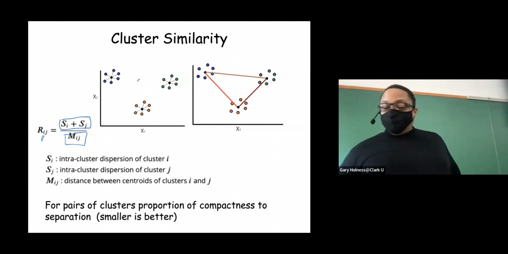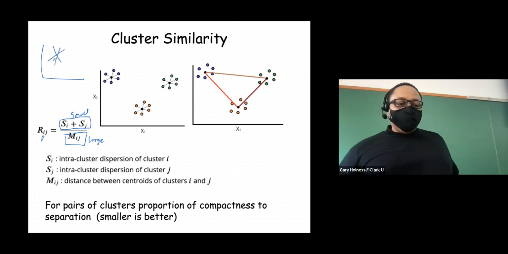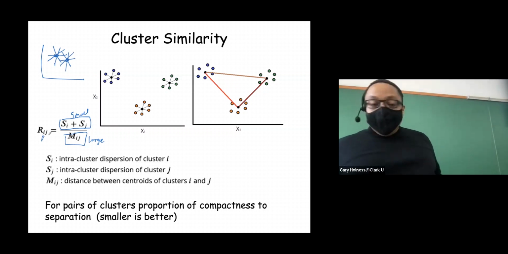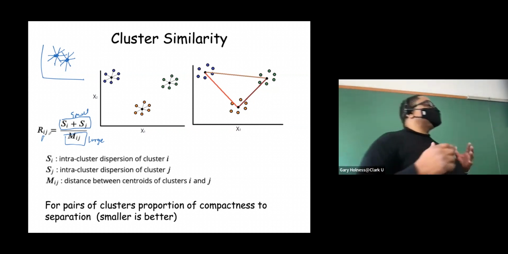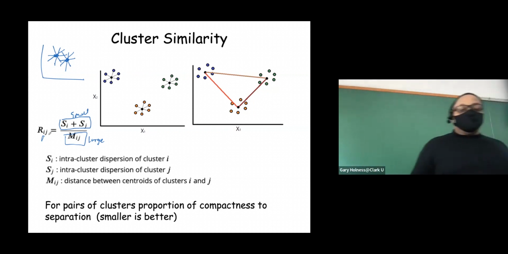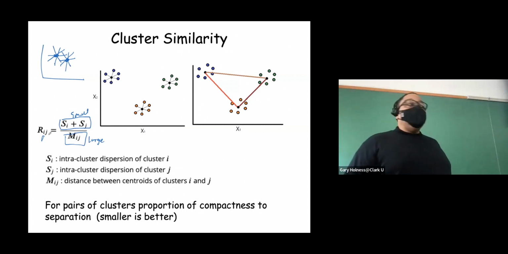So we want the numerator to be small, and at the same time, the denominator to be large. And that's like this case. They're very compact and very spread apart. Something that would violate that, we'd have something that's much bigger, and they're very close to one another. This would be one center, that would be the other center. So we want this R value to be small. That represents the best of what we want out of our clustering. Does that make sense? Any questions?